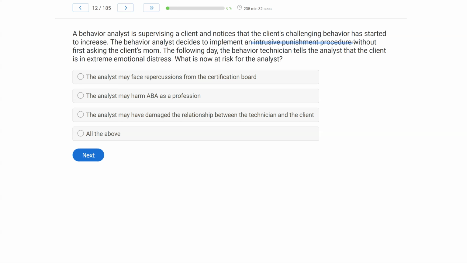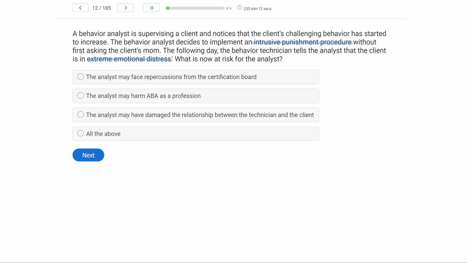Now, we always want to check to make sure changes are okay, but especially with punishment, you always need consent for punishment because of all the many ethical issues that come along with it. The behavior analyst did not get that consent. And then the following day, there's extreme emotional distress.